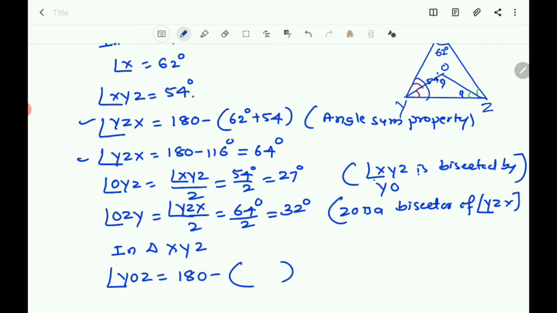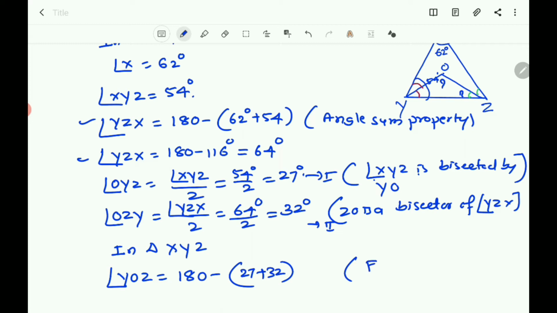Which are the other two angles here? You know that the other two angles are this and this. Here it is first, here it is second. What is the sum of that? It's 27 plus 32.